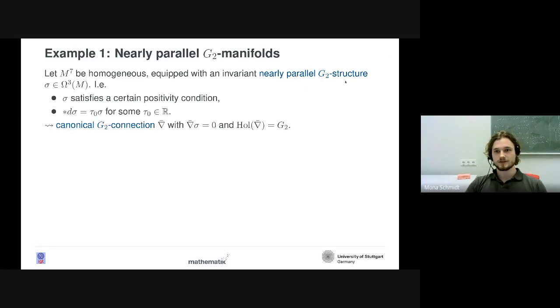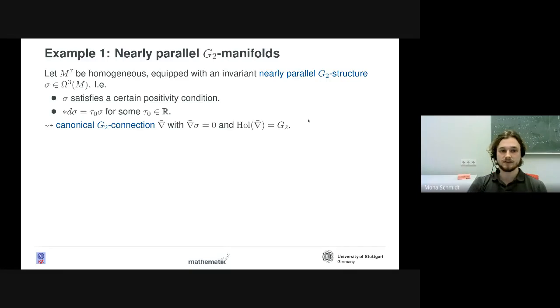Now, this G2 structure defines a canonical G2 connection, which we also denote with nabla bar, and this is no coincidence. I'll get to that in a moment. This canonical G2 connection satisfies nabla bar sigma equals 0. So sigma is parallel by this connection, and the holonomy of this connection is G2. So why did I denote it with nabla bar?